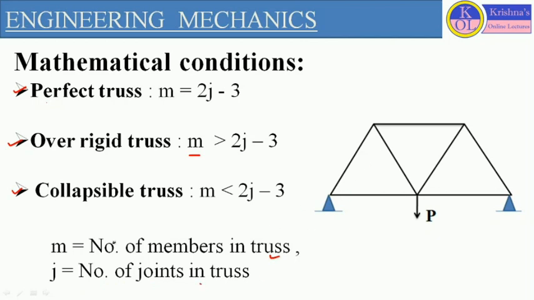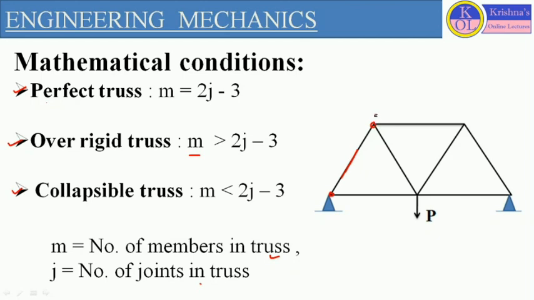How can we define the number of members and the number of joints in a truss? For example, here we have this diagram. You can see these straight lines. These straight lines represent the members, and these members are joined end to end. Every end of a member is joined to another member with the help of different joining methods.